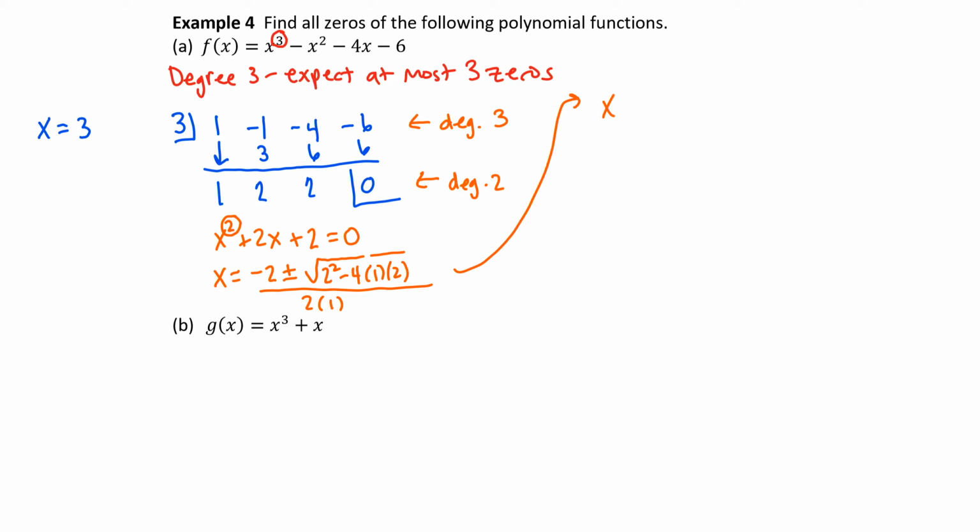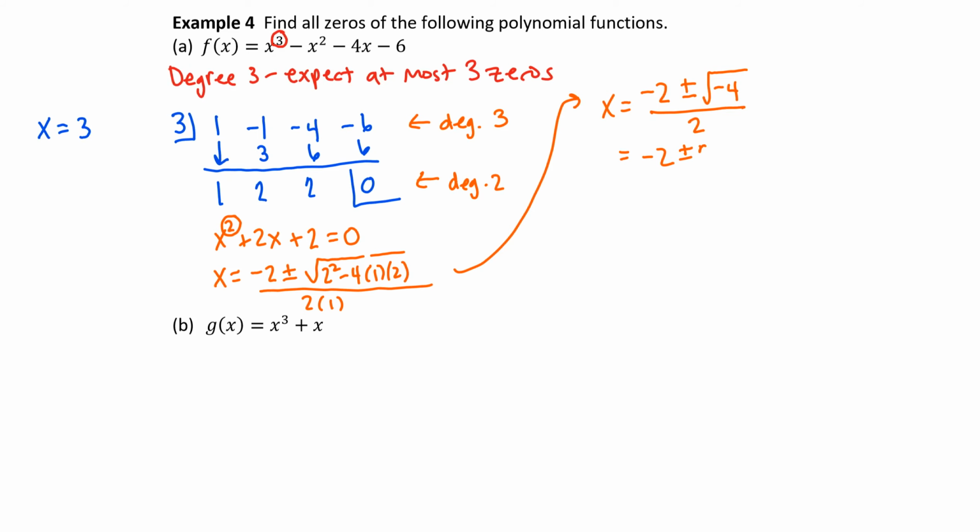This yields negative 2 plus or minus, looking at our discriminant or radicand there, we have 4 minus 8. 4 minus 8 is negative 4, all divided by 2. Observe the discriminant, the little guy that lives under the radical, is called the discriminant. That indicates that we are going to have imaginary zeros, right? What is the square root of negative 4?